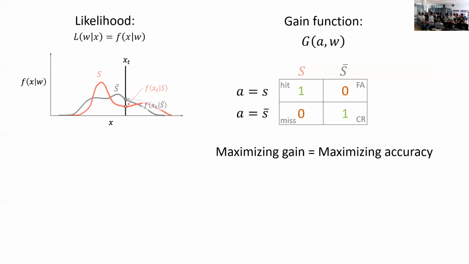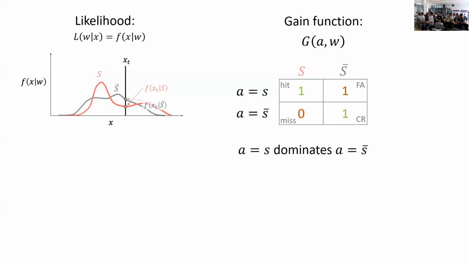But this is just a special case. How about we change it a little bit? Suppose now we change this cell from 0 to 1. What does it mean? You simply would not be penalized for false alarm, right?